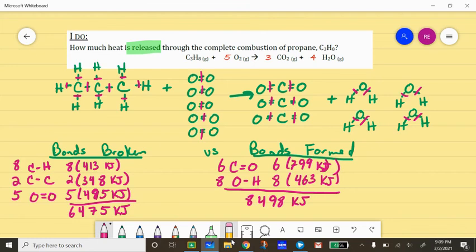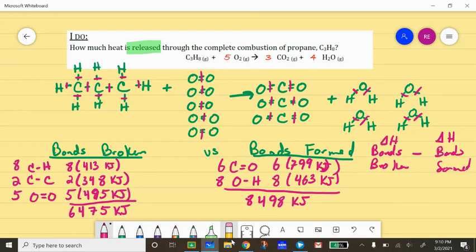So we take the enthalpy of bonds broken minus the enthalpy of bonds formed. The symbol they use is a sum symbol.